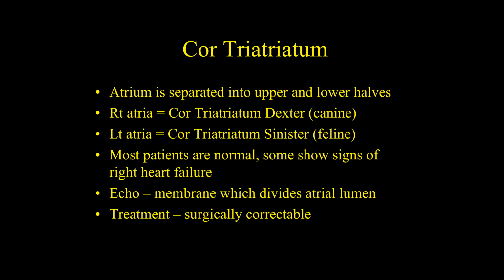And the common ones that you need to know for sure are PDA, VSD, pulmonic stenosis, and aortic stenosis. Those are the big ones you need to really concentrate on.